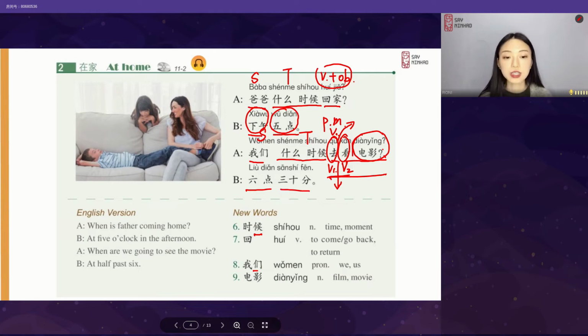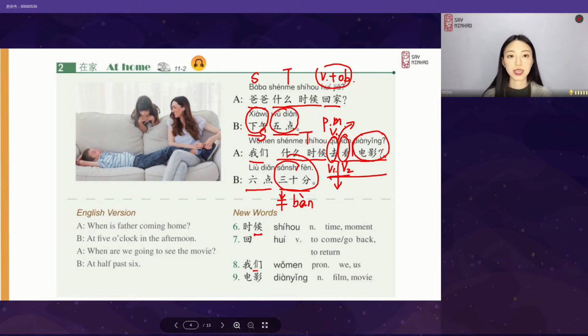Last sentence. 6点30分. 6 o'clock and 30 minutes. 6点30分. And actually for half past, we can say 30分 and we can still say 半. 半 means half in Chinese. 半.